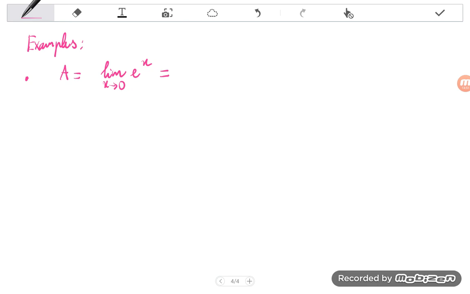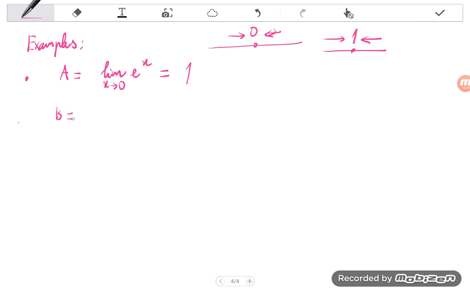Of course, you can use your calculator to check when x becomes closer and closer to 0, the value of the exponential function will become closer and closer to 1 arbitrarily, so the limit is 1.